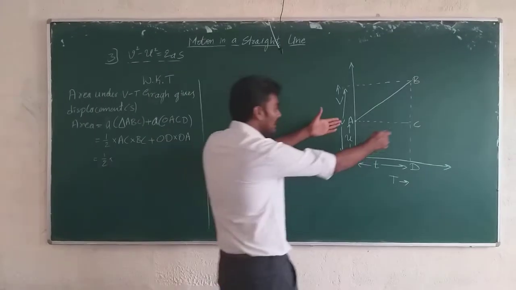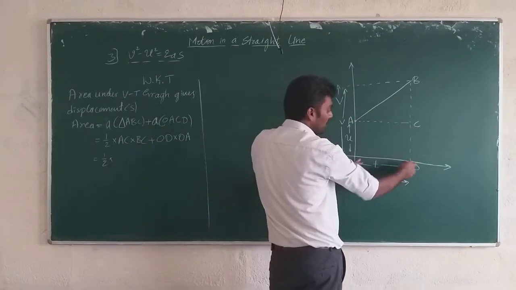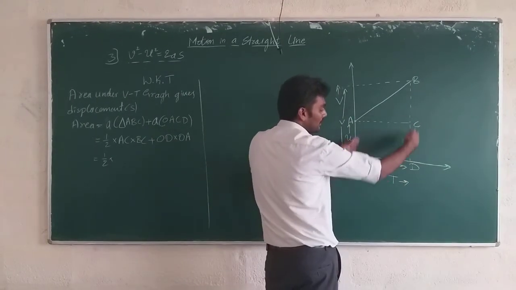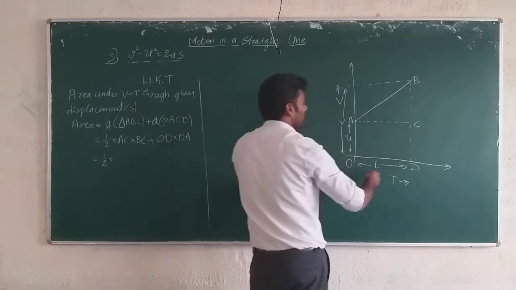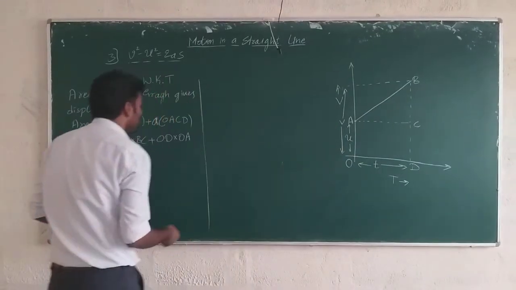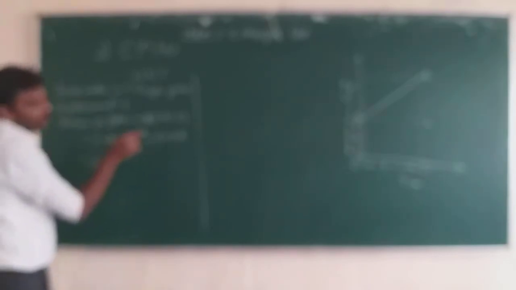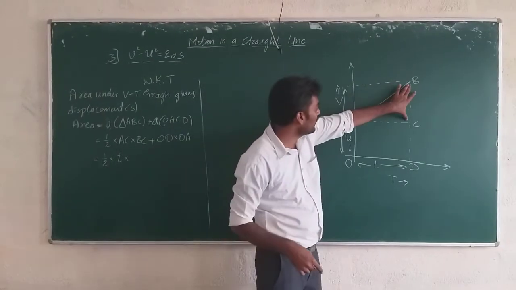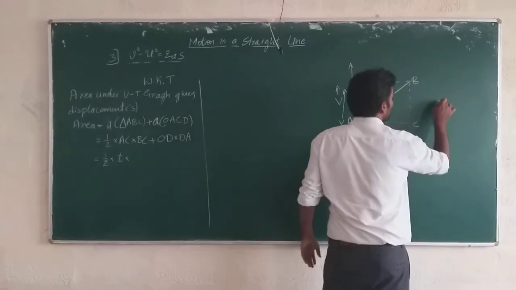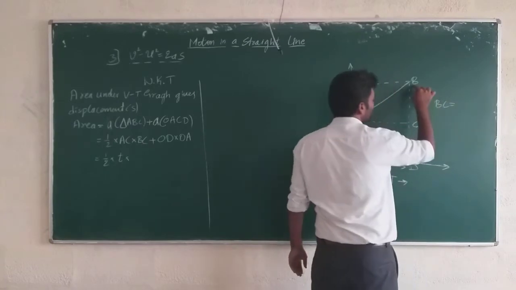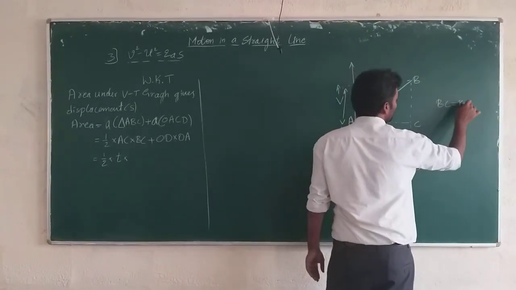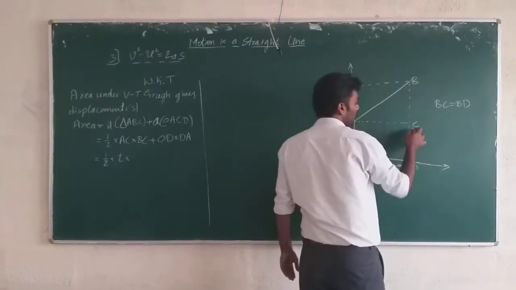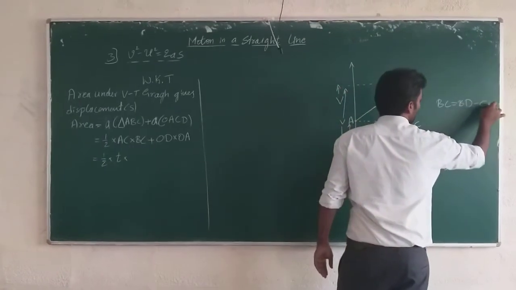Now moving ahead, half into what is AC here? Look at this. AC is equal to OD is equal to time taken, isn't it? That's the x-axis term. AC and OD are equal, so I can put AC is equal to t. And what is BC? We don't know what BC is directly, but you can write it here itself. BC is equal to BD minus CD.